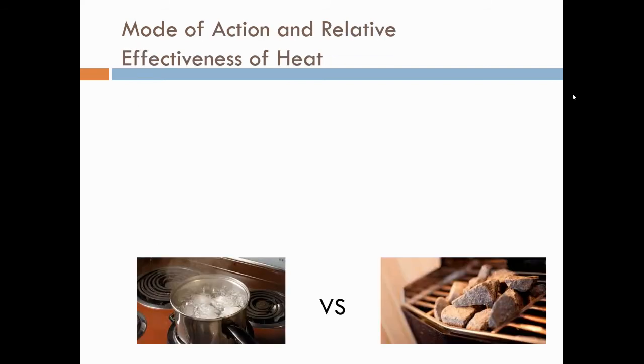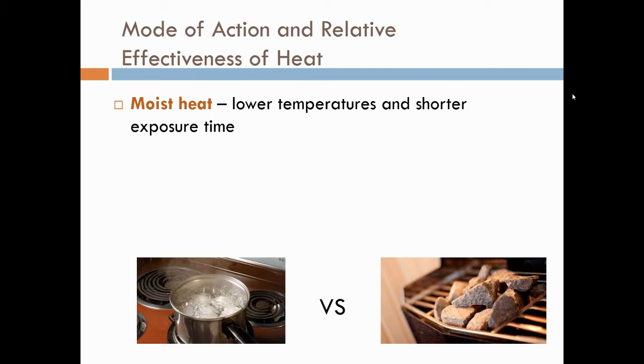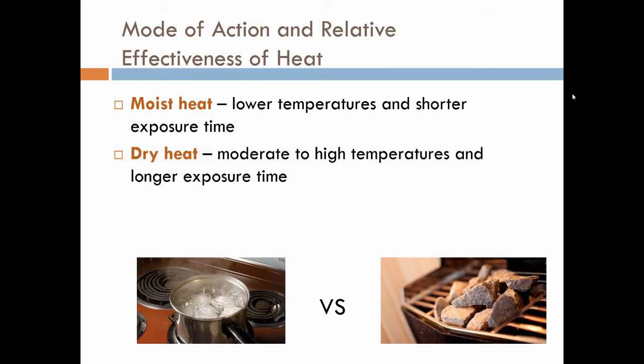So with heat, our moist heat, like boiling, requires lower temperatures and shorter exposure time to destroy microbes than does dry heat. So moderate to high temperatures takes longer exposure time. My dry heat's a little less effective than my moist heat as far as how efficient, how fast it's going to happen.